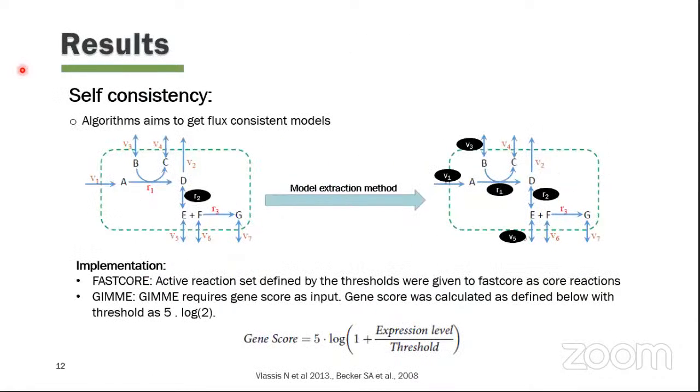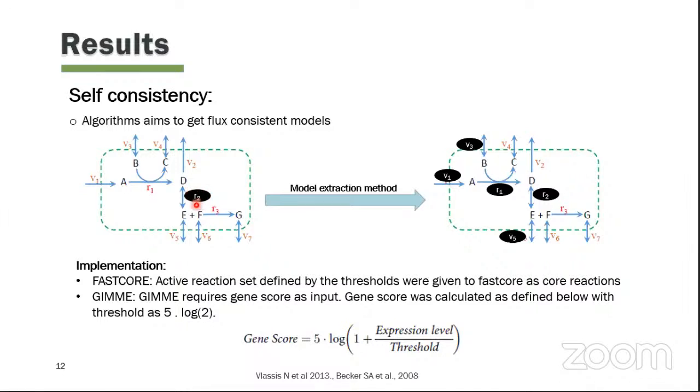The second evaluation was based on self-consistency. Before getting into self-consistency, let me explain what consistency is. If we define this particular reaction to be active, or a core reaction, or a context relevant reaction, what a model extraction method generally does, or at least FASTCORE does, is try to make this reaction consistent. That means flux must freely flow through these reactions.